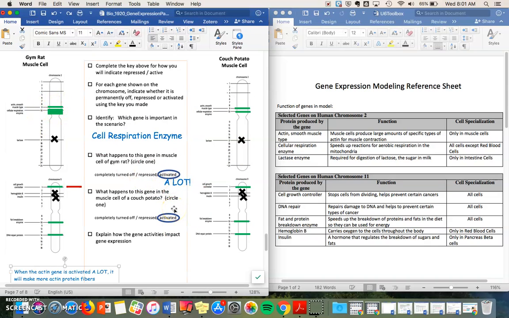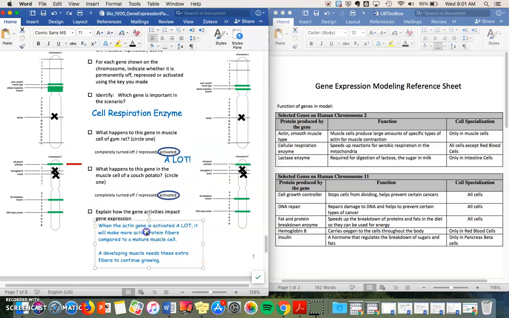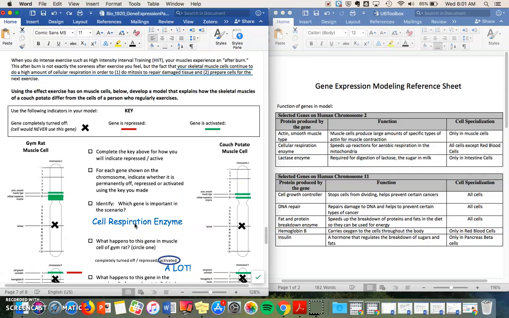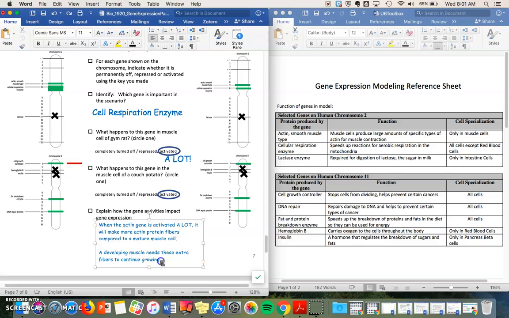All right. So how's that going to affect my cell? Well, when the actin gene is activated a lot, it will make, oh boy, I said actin. I need to change this. All right. So when the cellular respiration gene is activated a lot, it will make more of the cellular respiration enzyme.